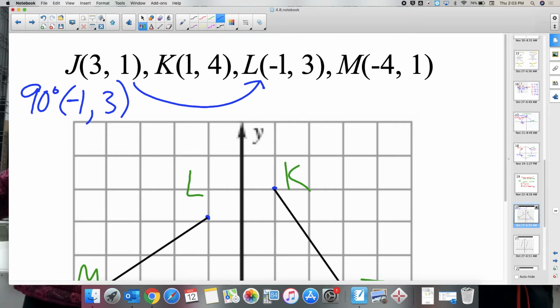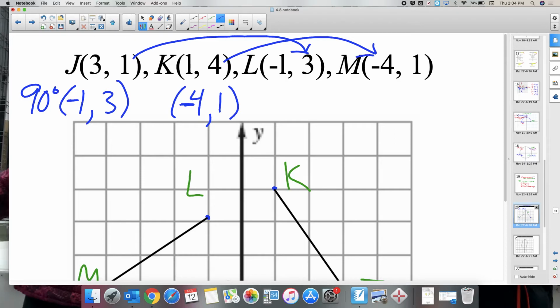Well, that got us to point L. So J did get to L. If we do it for point K, if I flip them, change the sign of the new x. Did that get me to M? Yes, it did. So it is 90 degrees, and remember, we are going in a counterclockwise direction.